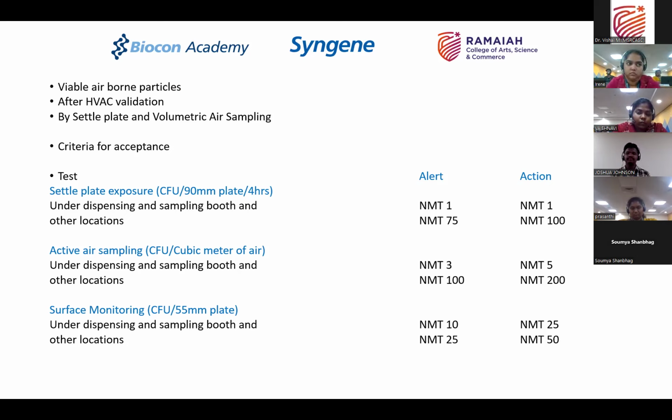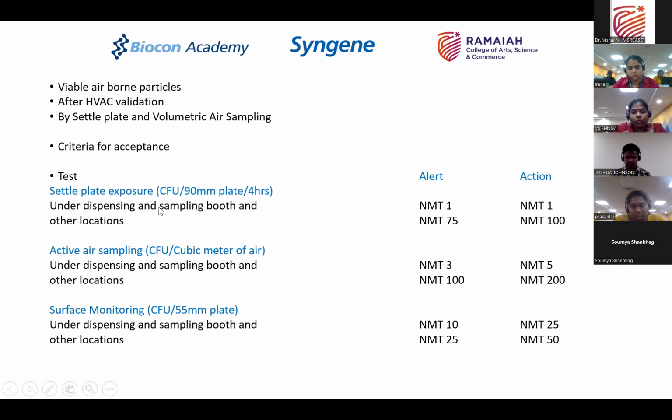So there are two ways. One is settle plate and another is volumetric air sampling. That is the active air sampling, where we are going to force a particular amount of air onto the media. Now, when we do this air sampling, what is the criteria for accepting? If you are doing settle plate exposure, in which areas?